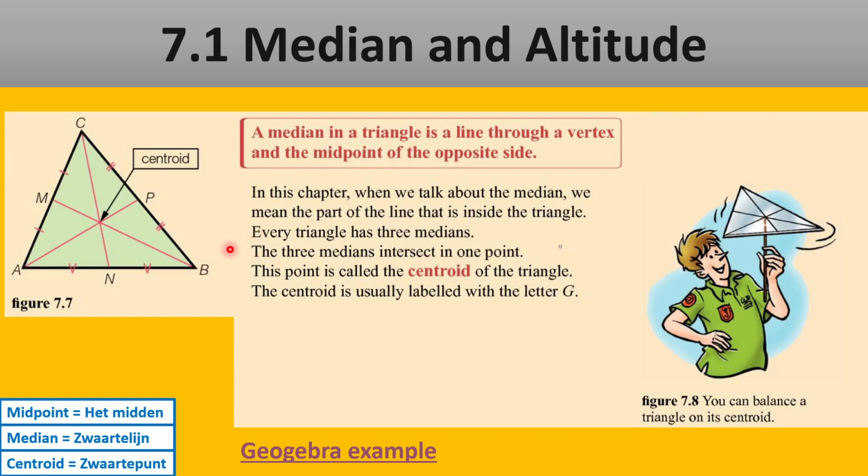I'm going to now show you an example in Geogebra as well. If you want to see how to draw them yourself, I've also uploaded a video that shows you how to do an exercise where you draw the medians and find the centroid yourself. This is a more theoretical video, right?